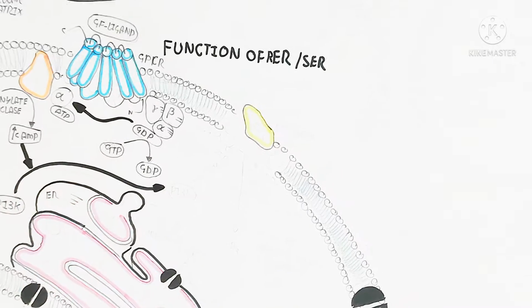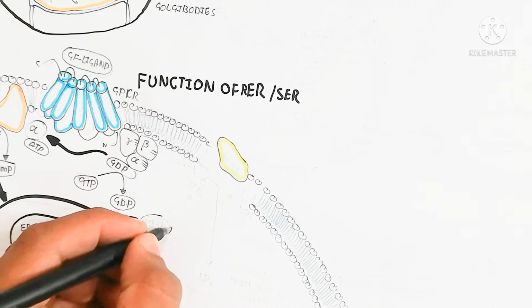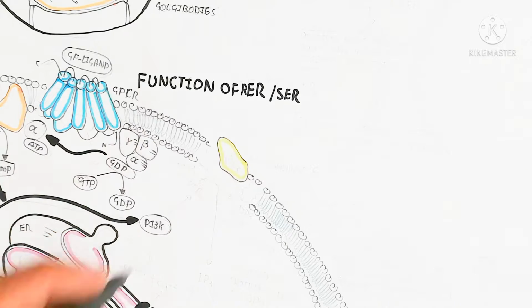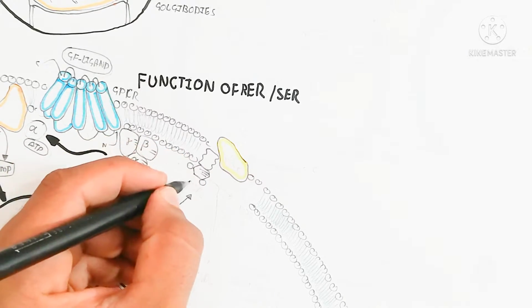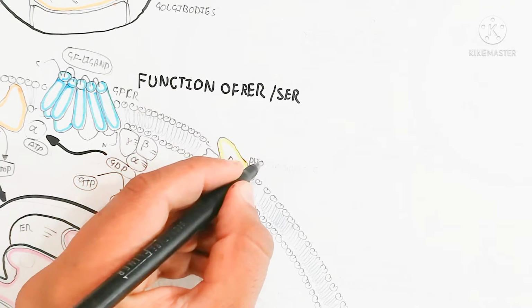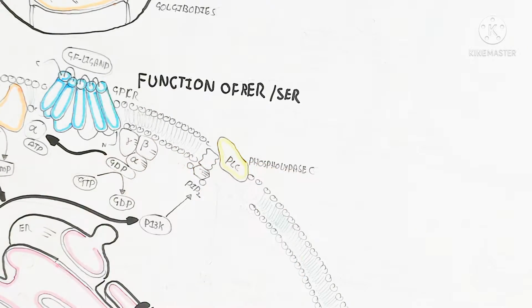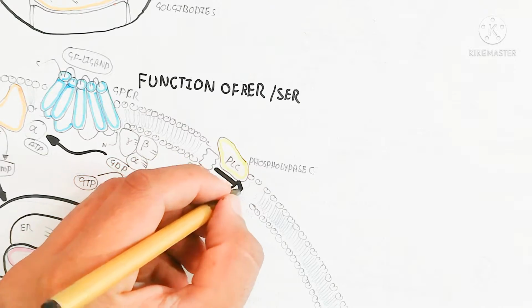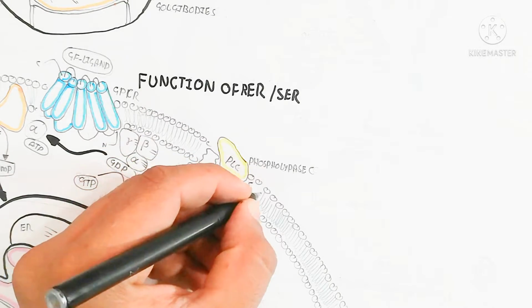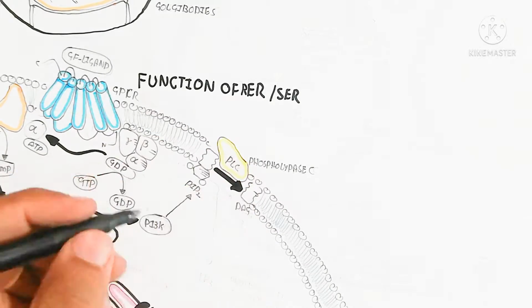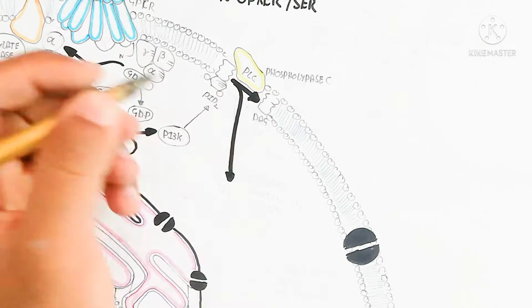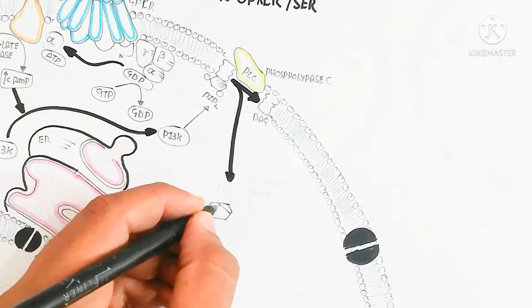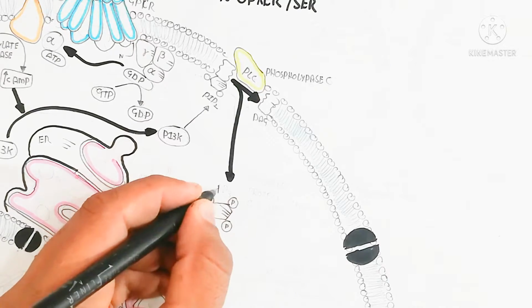After this, one protein, phosphoinositide 3 kinase, will be activated, and it will go to PIP2, phosphatidylinositol bisphosphate. The phospholipase C enzyme cleaves it, and after this phosphorylation occurs to produce DAG as well as inositol trisphosphate, IP3.